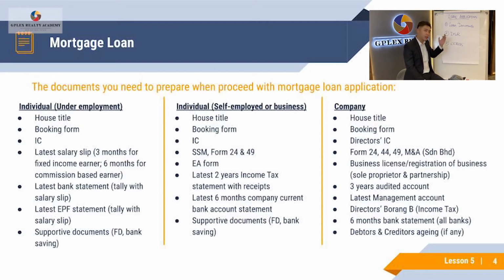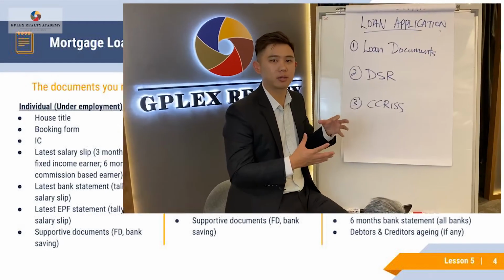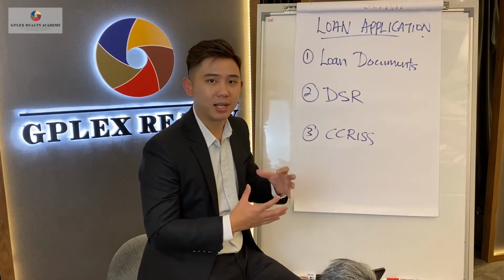So if they are going to buy property using a company, they will need to have 3 years audited account, okay? Which means the company has operated for at least 3 years.